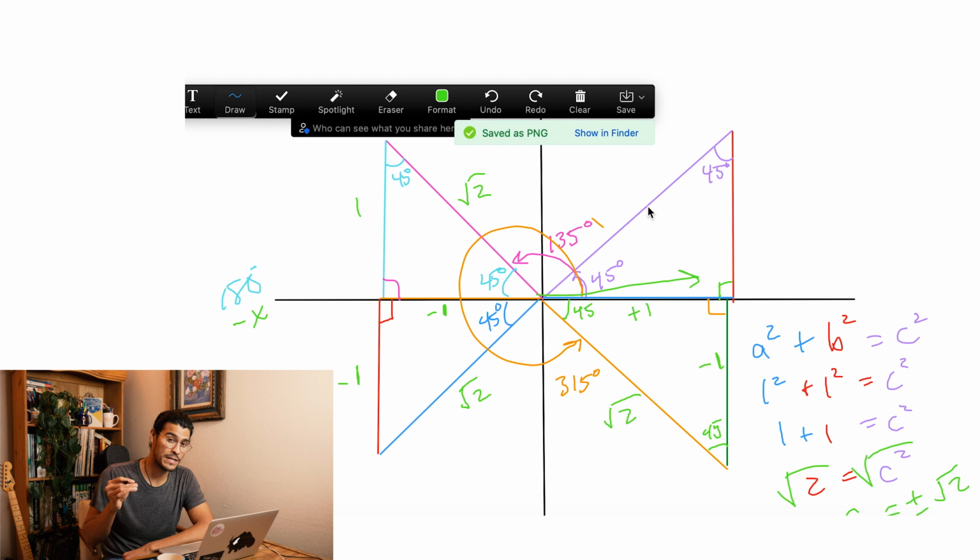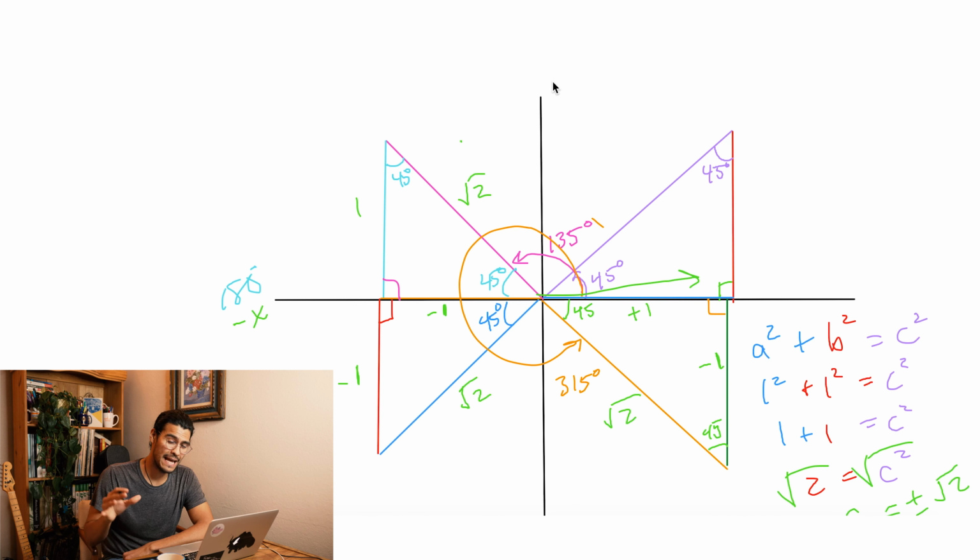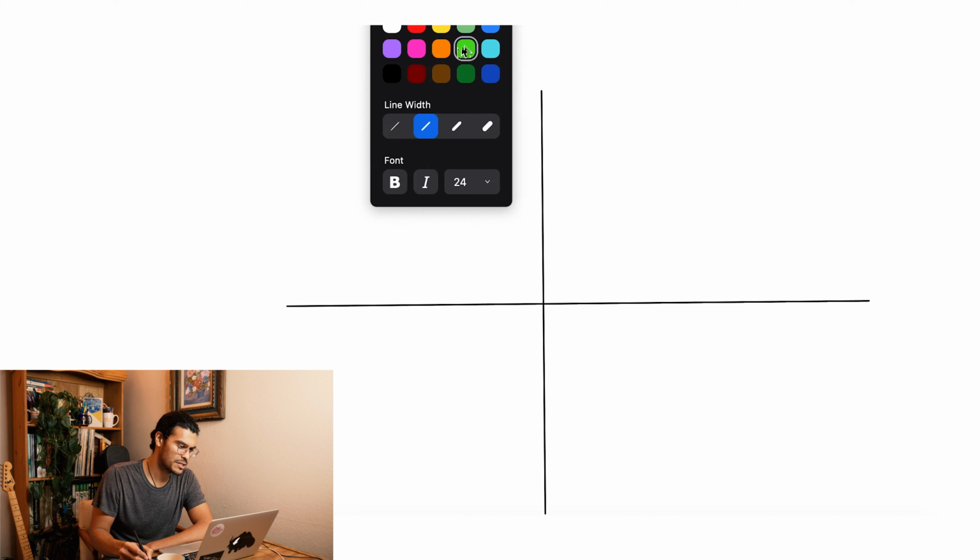Those are our main special right triangles, a 30-60-90 triangle and a 45-45-90 triangle. Now, the last places that exist on a unit circle are the axes themselves. The x-axis and the y-axis sometimes can be a little bit confusing because it doesn't quite seem like a triangle is actually happening there.